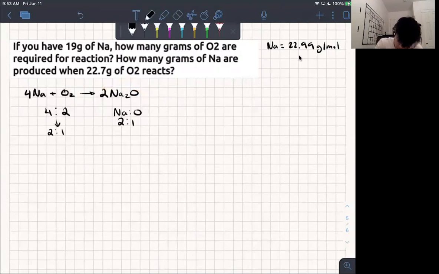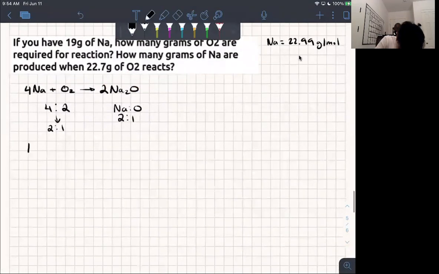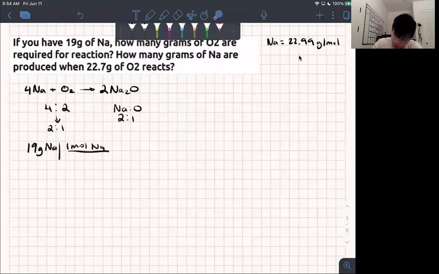Given 19 grams of sodium, we need to convert that into moles. To do that, we do 1 mole of sodium, and we have the molar mass given to us by the periodic table, 22.99 grams of sodium. So 1 mole of sodium equals 22.99 grams of sodium, or for every 1 mole of sodium, it'll weigh 22.99 grams.